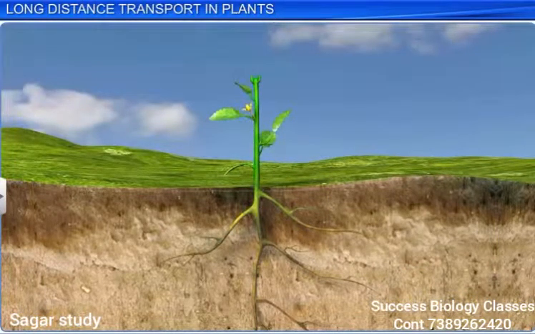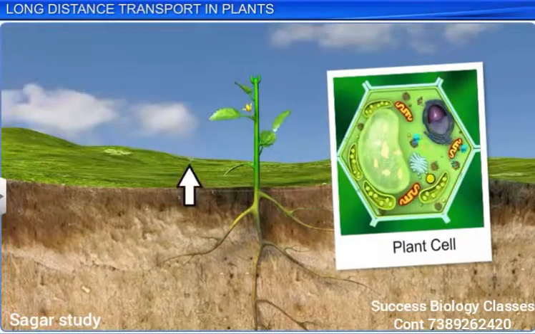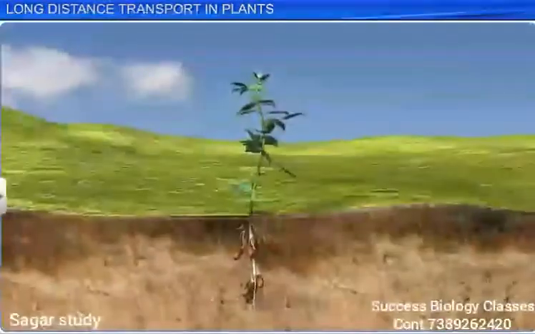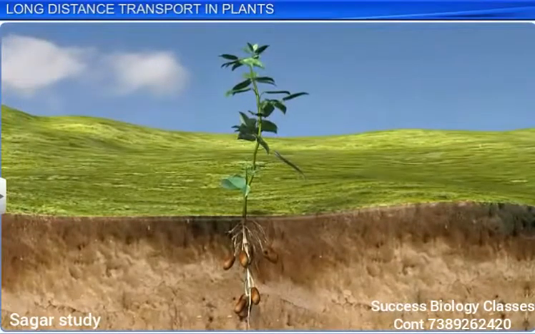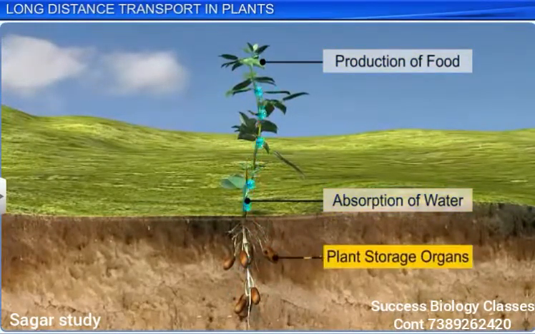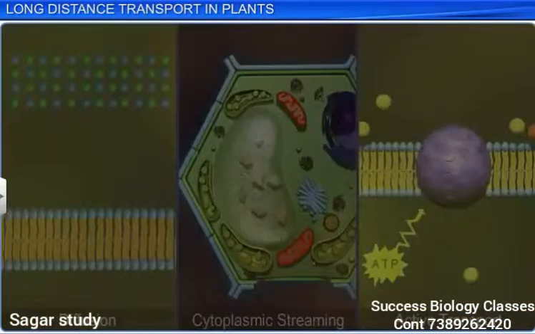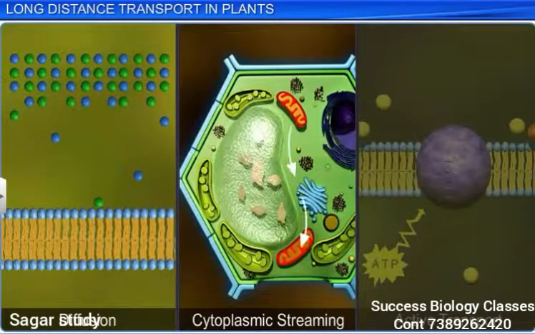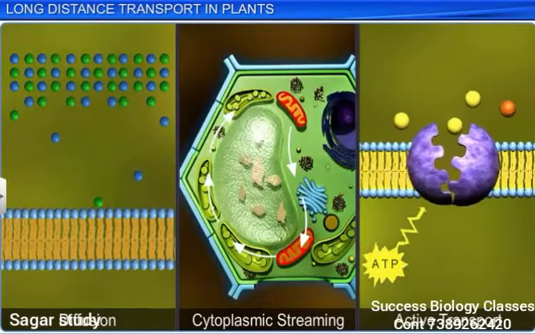Substances often need to be transported across both short and long distances inside plants. Sometimes the site of production of food or absorption of water may be quite far from the plant's storage organs. In such cases, means of transport such as diffusion and cytoplasmic streaming, supplemented by active transport, do not suffice.